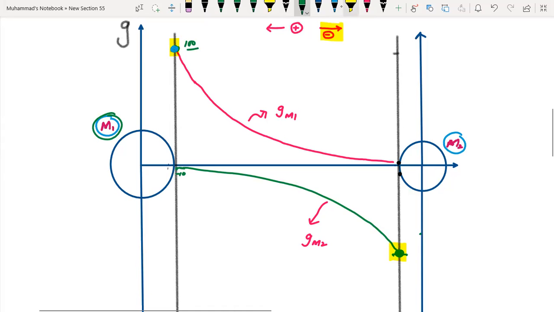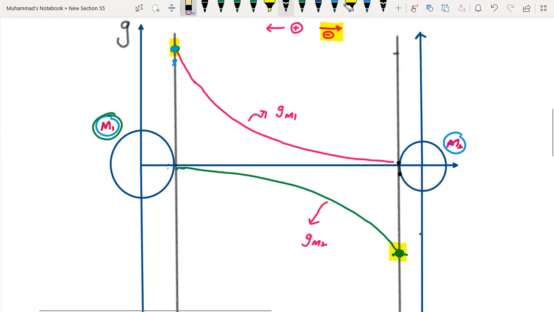Let me change the color. So at this point, it will be starting with some value less than 100, and it is 90 if you assume this 100 and this minus 10.